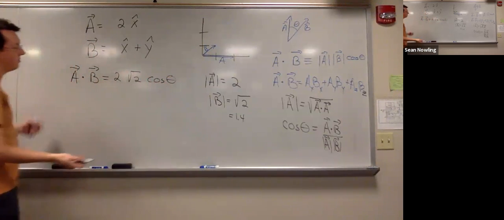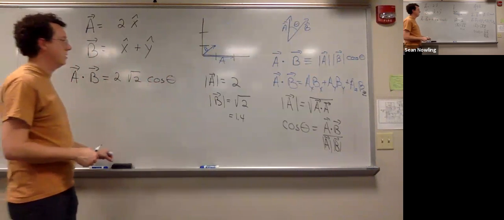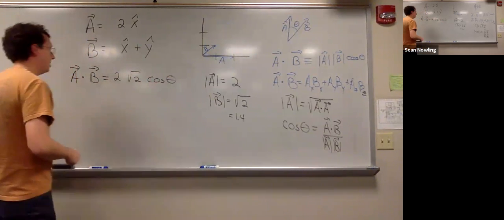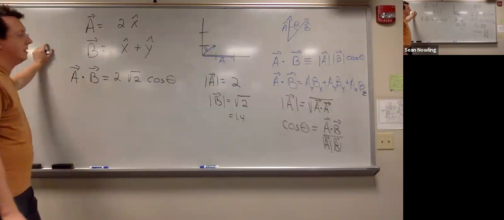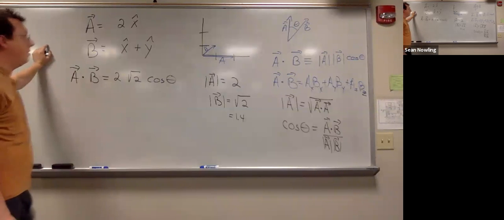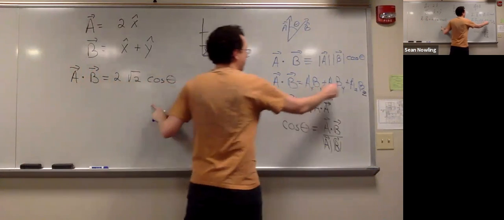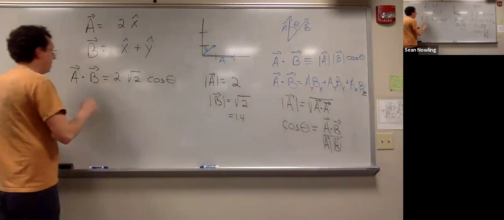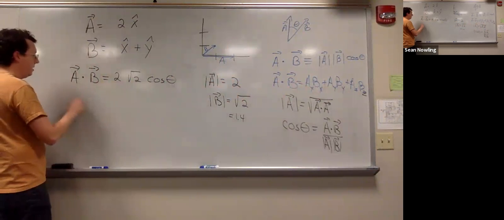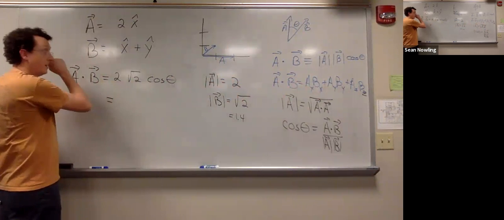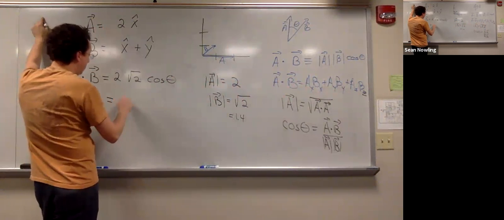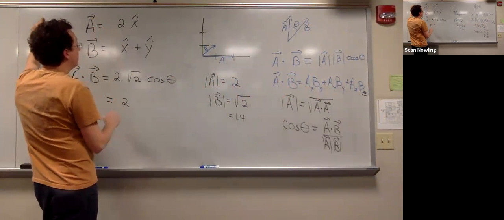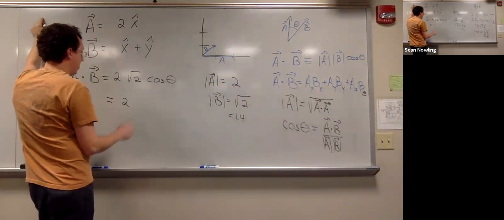I know it's 45, but let's see that come out here in a minute. On the other hand, we have this formula for the dot product. So A dot B equals, multiply the x components, that's 2, plus multiply the y components. That's 0, and we're done.